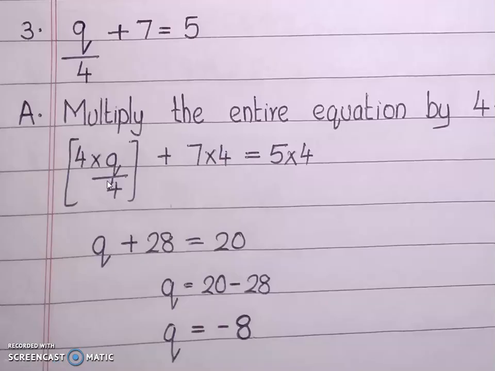q by 4 plus 7 equal to 5. Which is the denominator here? 4 is the denominator here. So you are going to multiply the entire equation by 4.